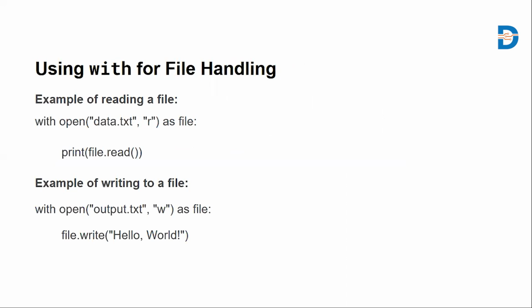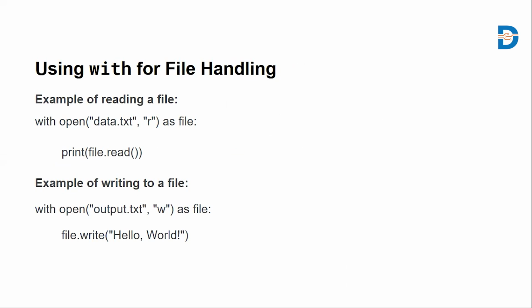Let's look at a couple more practical examples of using the with statement for file handling. Here is a simple example where we open a file, read its contents, and automatically close the file once the operation is complete. So here is an example: with open data.txt, r, as file, print file.read.